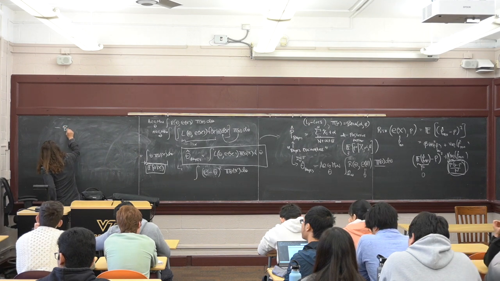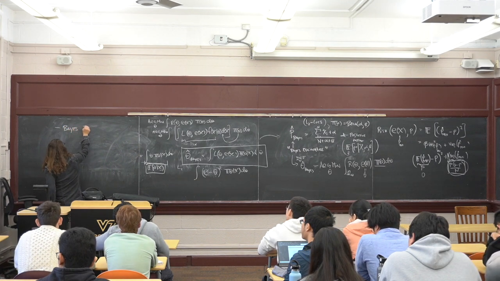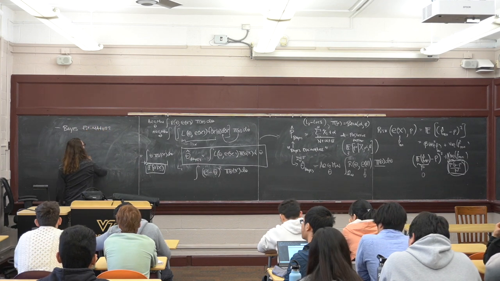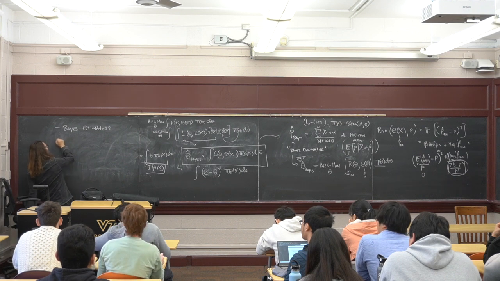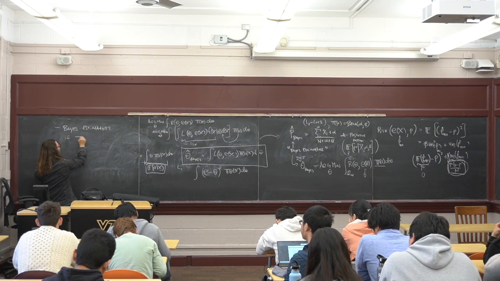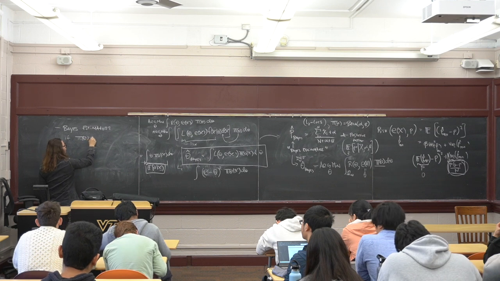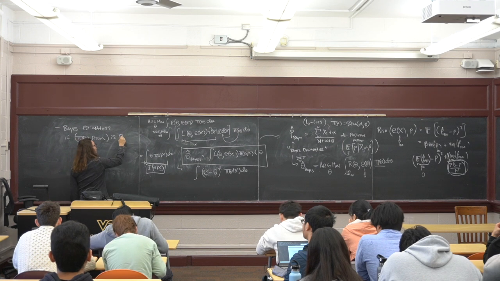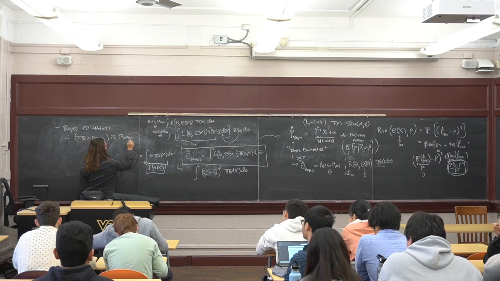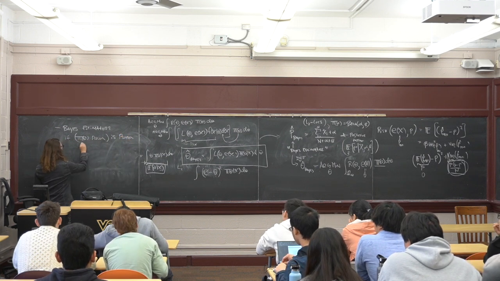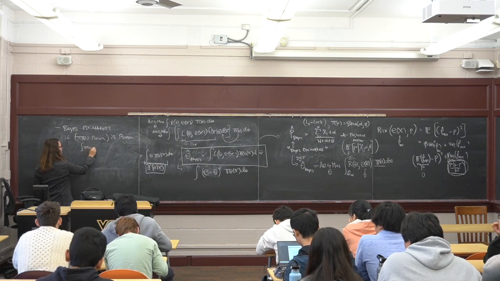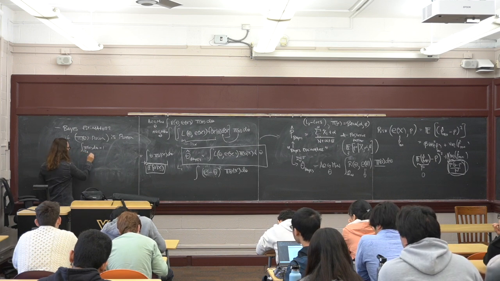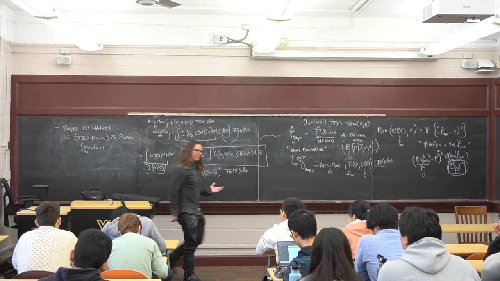Bayes Estimator. Oh, I'll say a few things right here. Bayes Estimators, and this is if the prior pi theta, your prior distribution, is proper, i.e. integral pi theta d theta is equal to 1 when I integrate over the whole space. So I can normalize it.